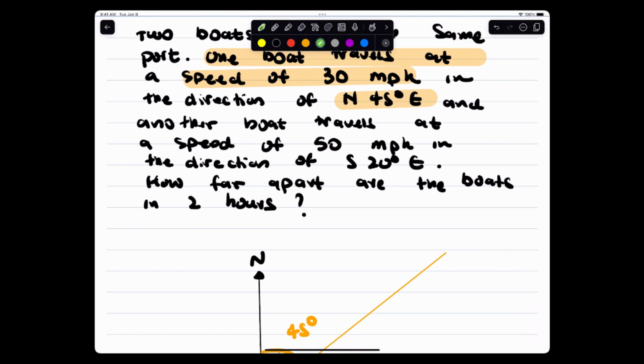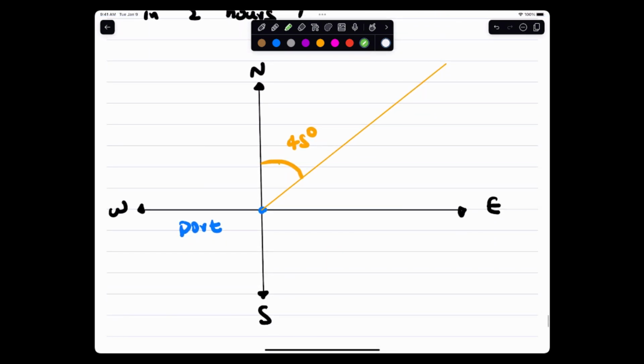Another boat travels at a what? Travels at a speed of 50 miles per hour in the direction south 20 degrees east. Southeast now.